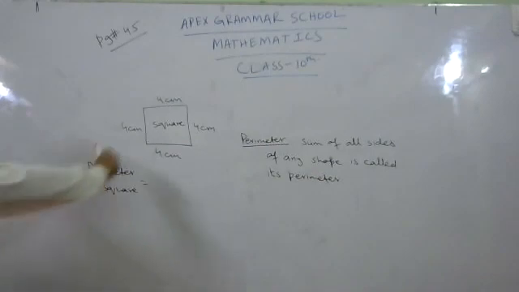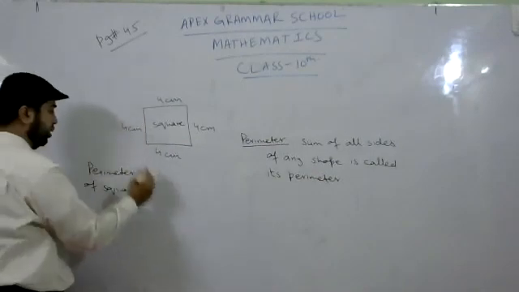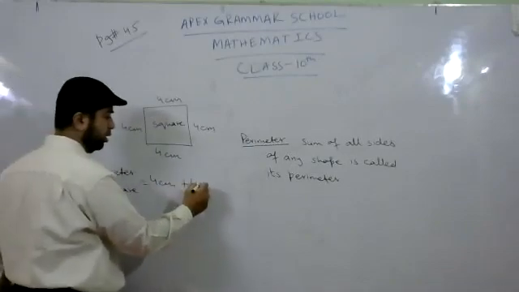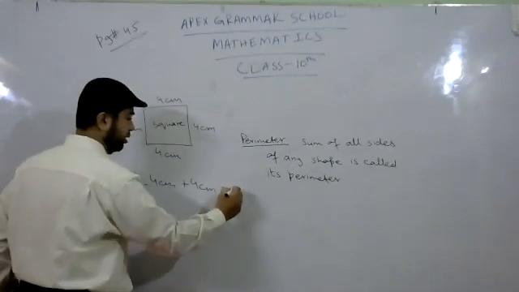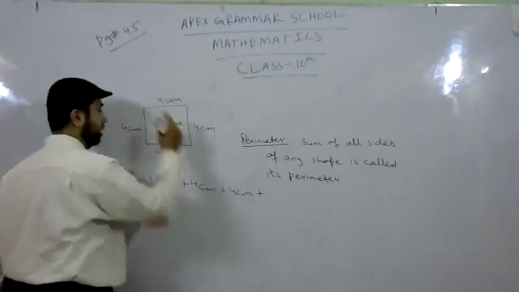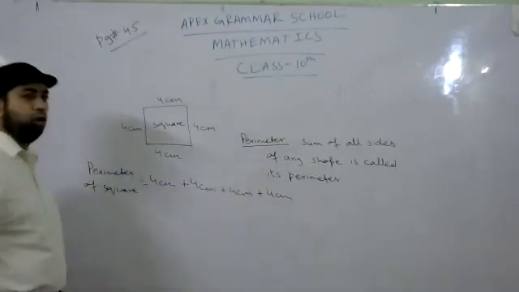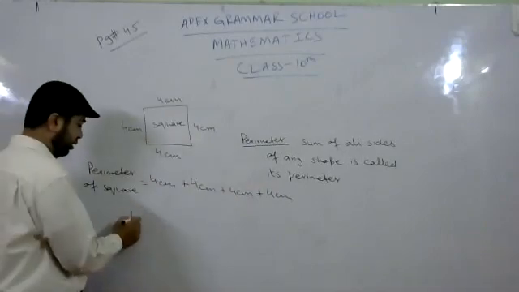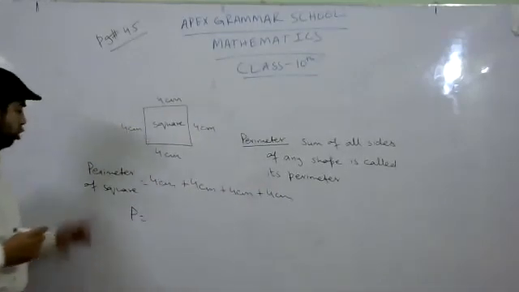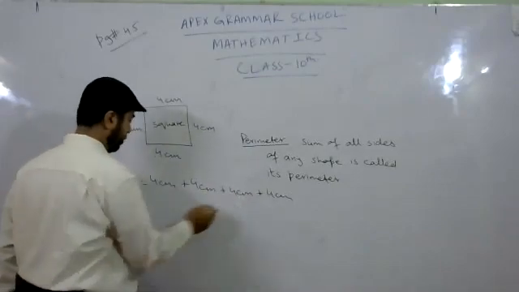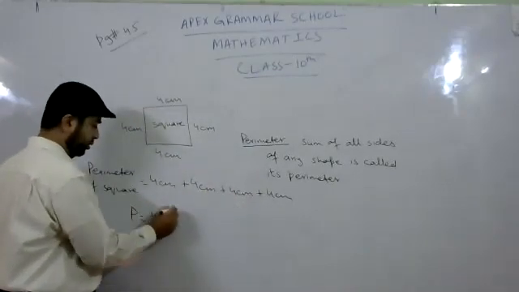This side is 4 centimeter plus this 4 centimeter, then this side, then this side. So 1, 2, 3, 4, four sides are going to be summed. So its perimeter, which we denote by capital P, is 4 plus 4 plus 4 plus 4, that is 16 centimeter.